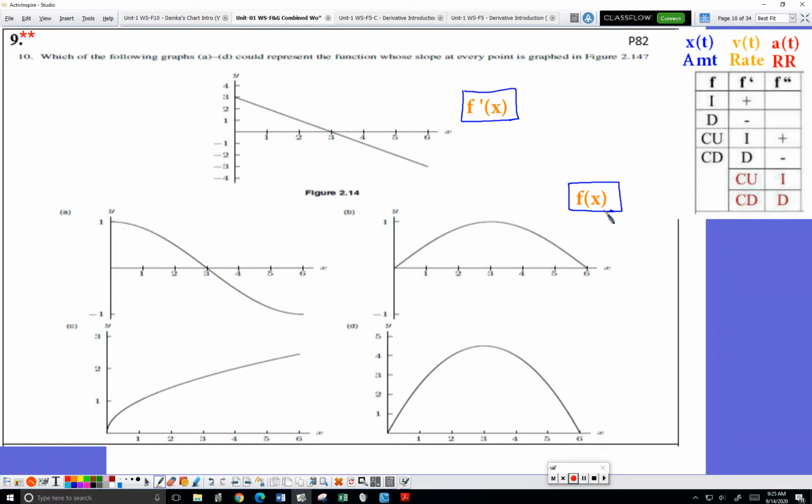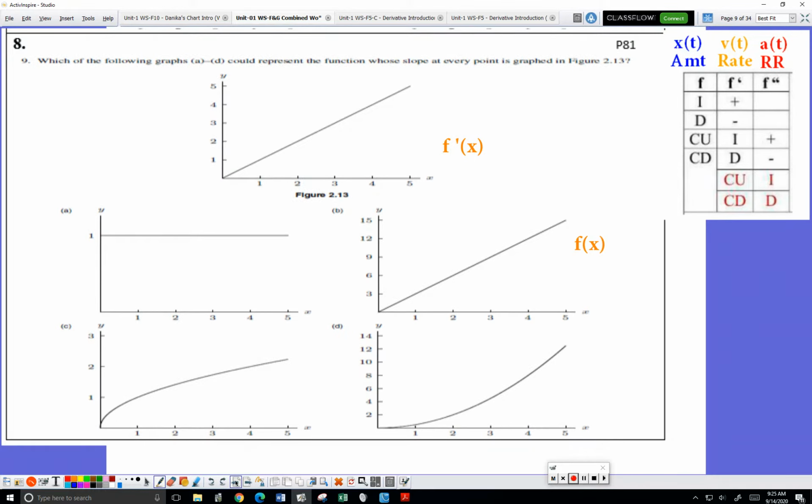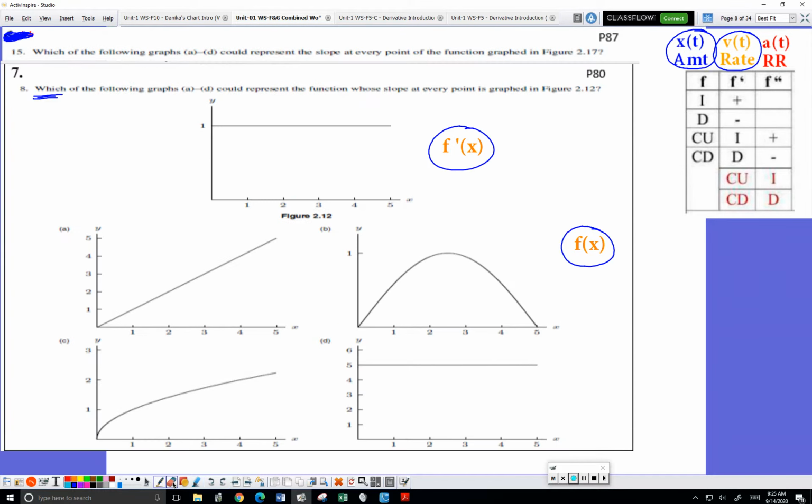Let me show you something that might help a little. So right here, I copied and pasted the words for problem 6 compared to the words for problem 7, and they're nearly identical, which makes it hard.